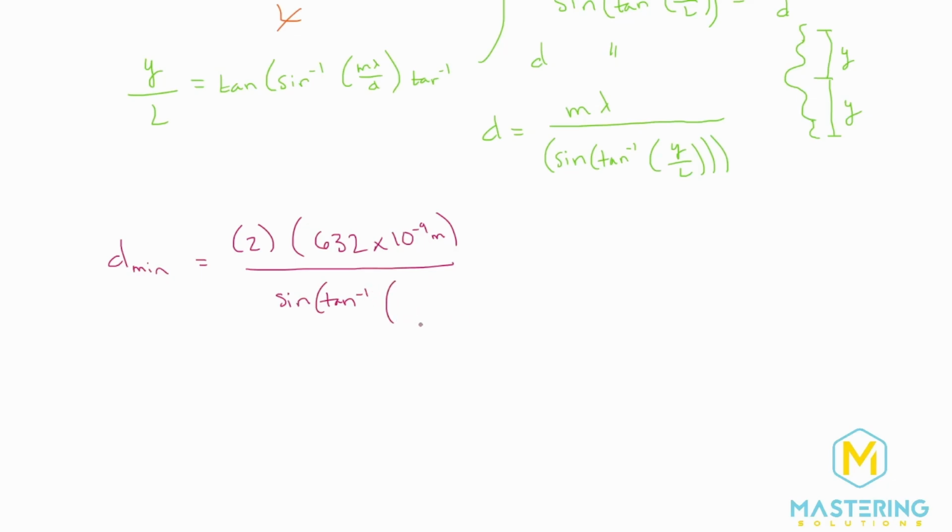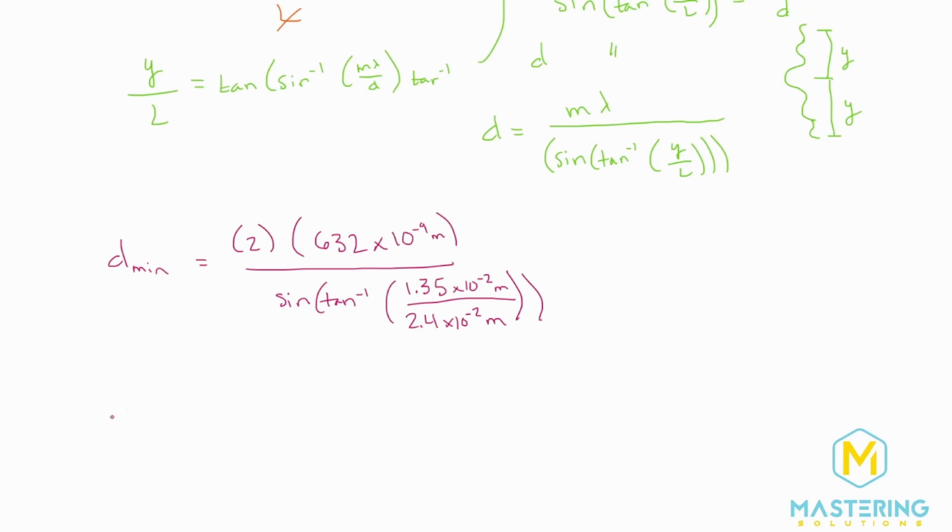And then here is where we need to take the first number, the 2.7 centimeters, and we need to divide that by 2. So we're going to have 1.35 times 10 to the negative 2 meters. And then that's all divided by L, which they tell us is 2.4 centimeters, which is 10 to the negative 2. All right, so now we can plug all this in.